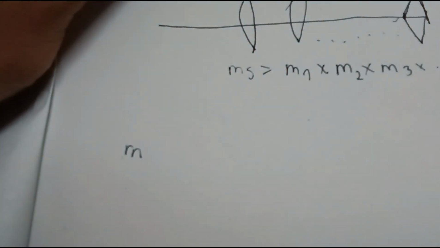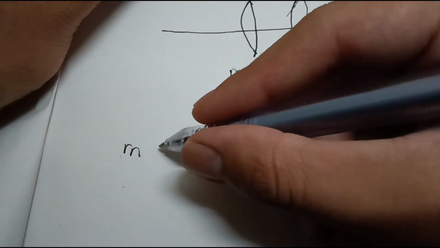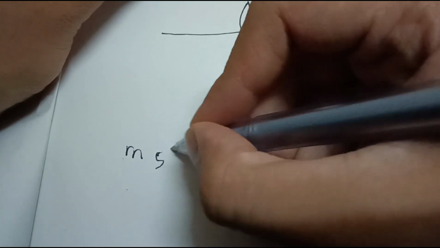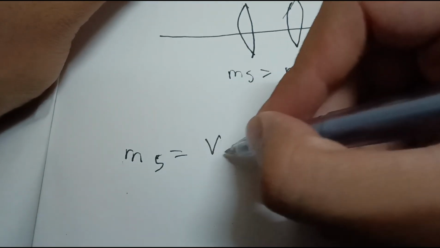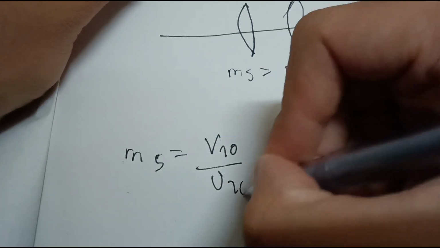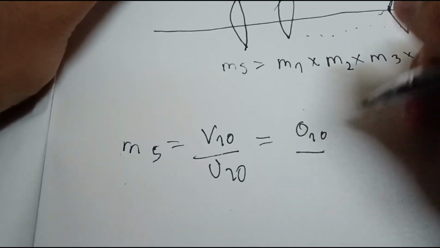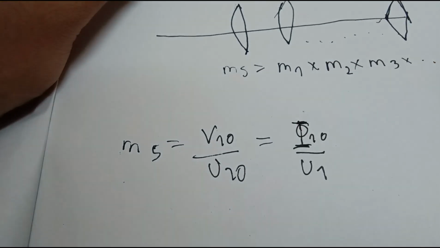So what is Ms? Again, V10 upon U10, which I can again write as I10 upon O1.